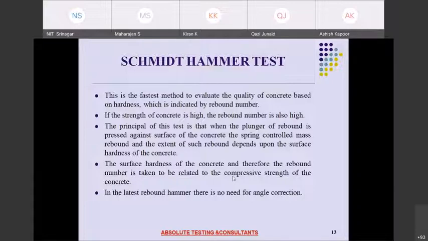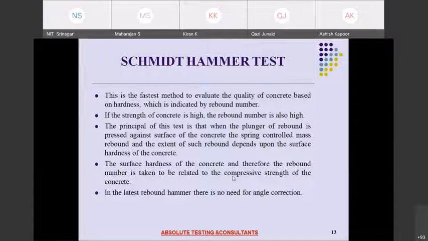Generally 3 cases arise: you are using your rebound hammer horizontally over vertical surfaces; you are using it vertically downward over a slab or foundation or any type of structure; or the third case, when you are using it vertically upward over a roof slab.